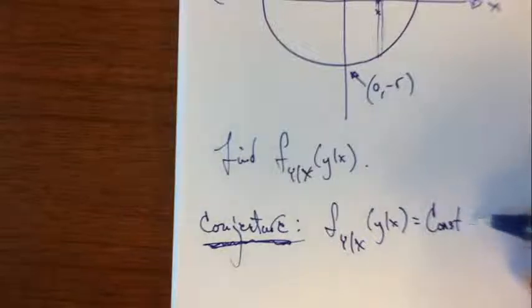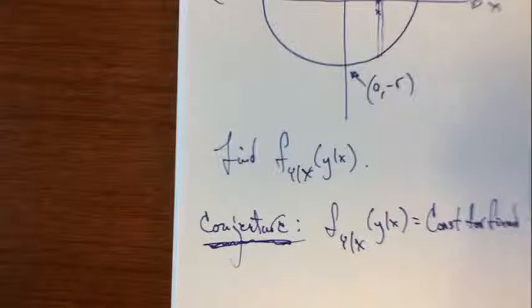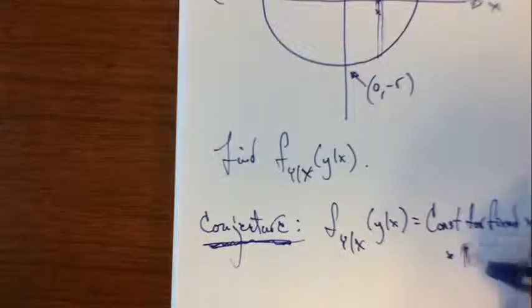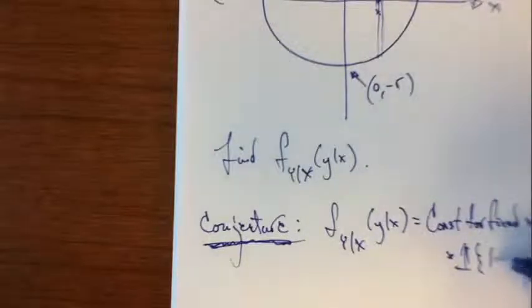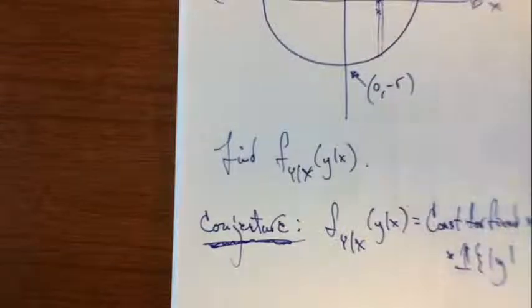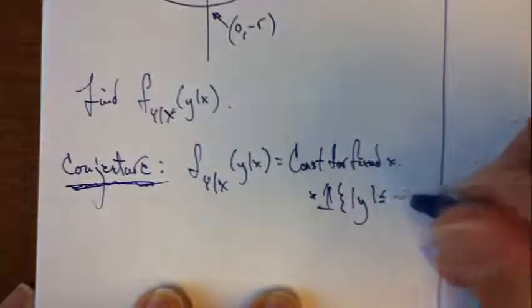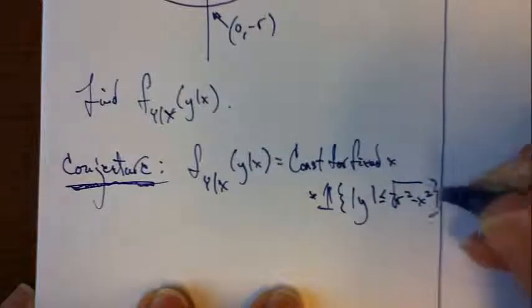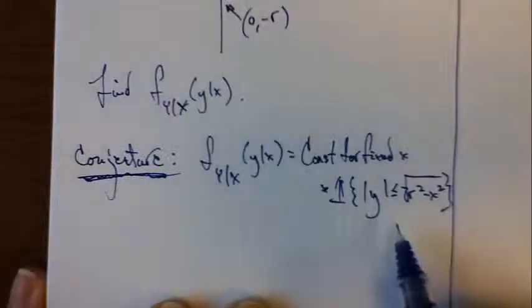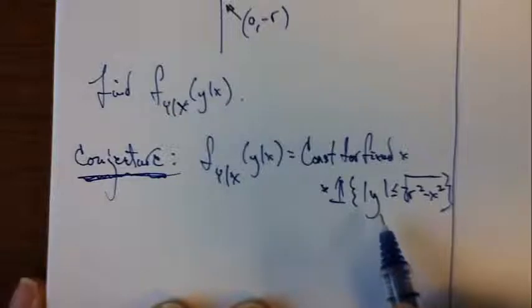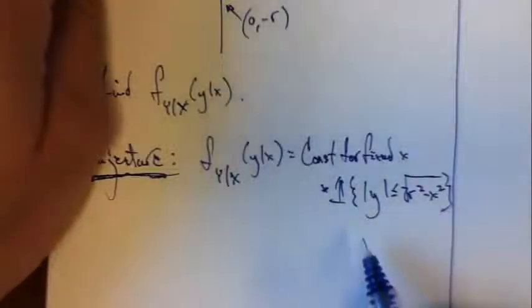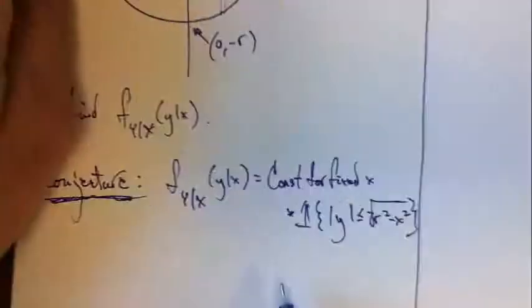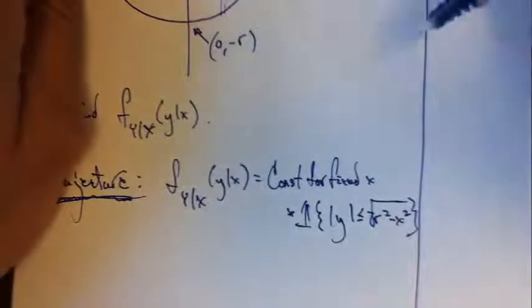for fixed x, and then of course times the indicator function. I guess that absolute value of y is less than or equal to root r squared minus x squared. This indicator function just says that this conditional density function needs to be 0 whenever you step outside the circle, right?